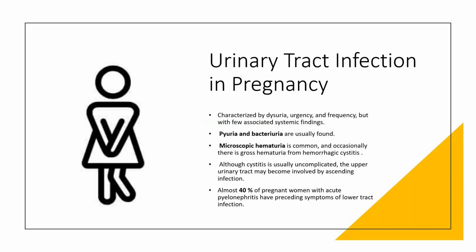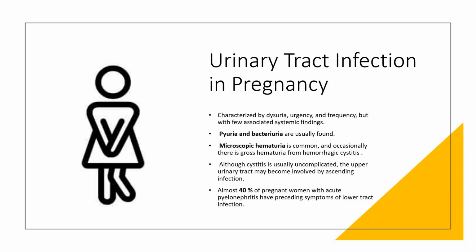And sometimes you can see microscopic hematuria, which is common, and occasionally there is gross hematuria from hemorrhagic cystitis. Although cystitis is usually uncomplicated, the upper urinary tract may become involved by ascending infections. Also, almost 40% of pregnant women with acute pyelonephritis have preceding symptoms of lower tract infections, so that may lead to more severe disease.